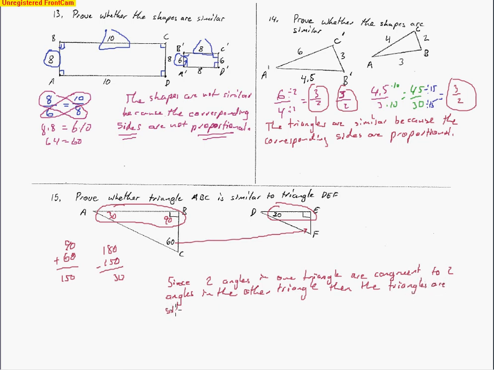And the reason why we can say that is because of the angle-angle property, or postulate, we'll say. Similar by the angle-angle postulate. And the postulate, again, is just a rule which we don't even have to prove because we know it's true. And so that's the case here.